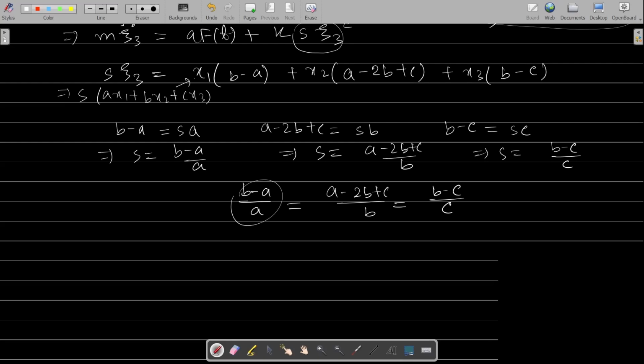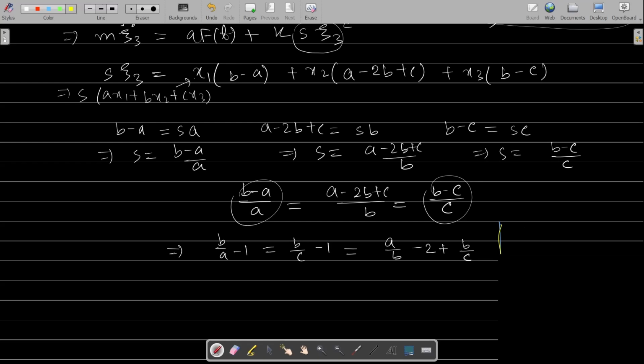Now consider the first and third of these, and they imply b by a minus 1 is b by c minus 1, and that is a by b minus 2 plus c by b. For the sake of simplicity, let's choose a different color.